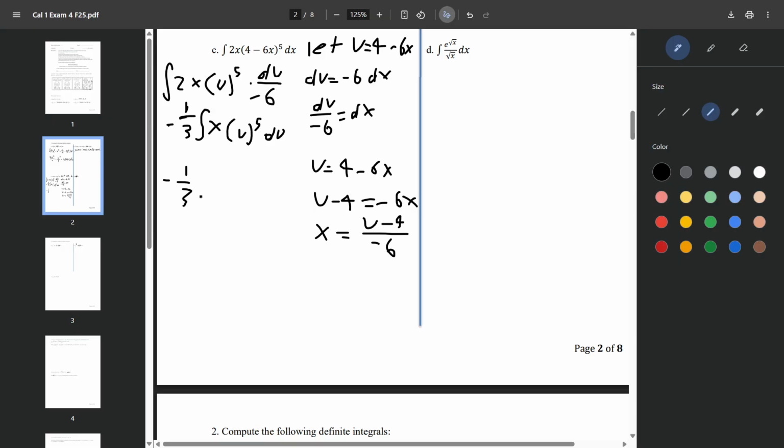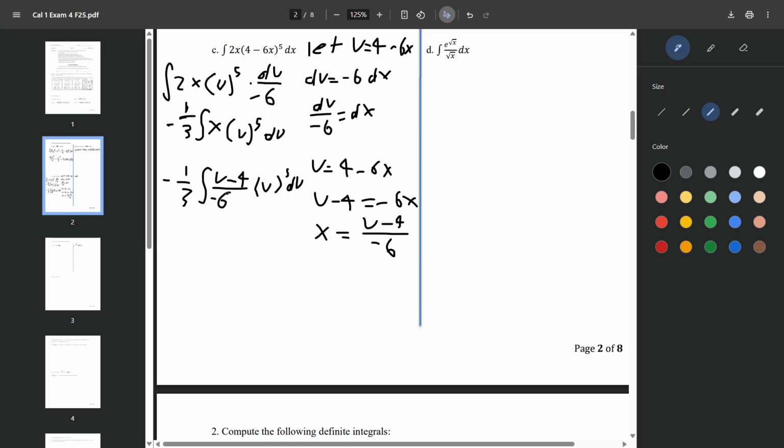Negative 1/3 of the root of negative 6 of u to the power 5 du.